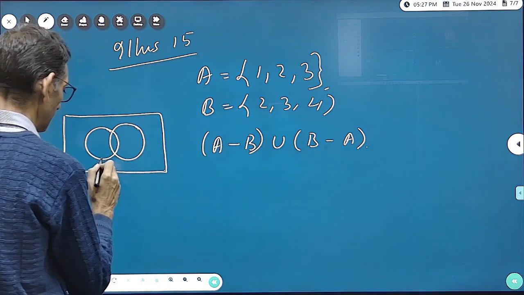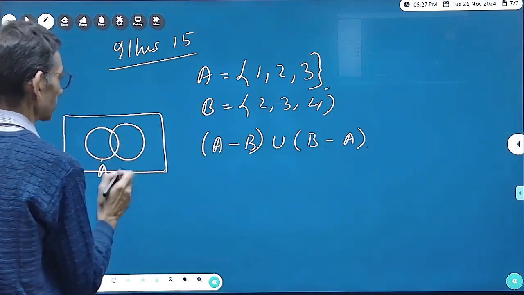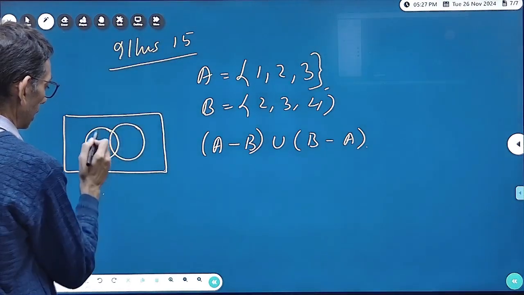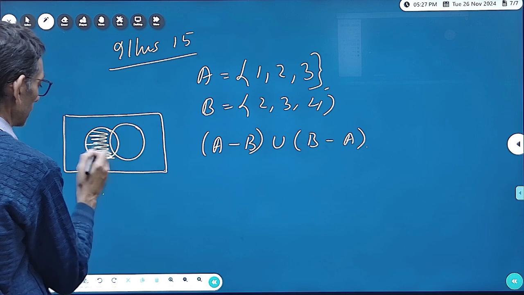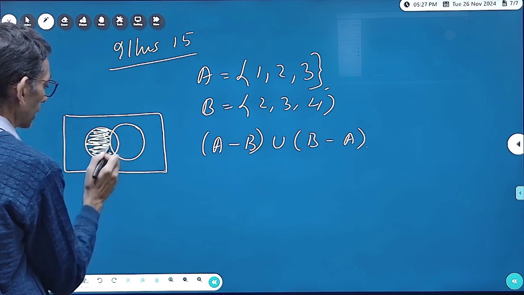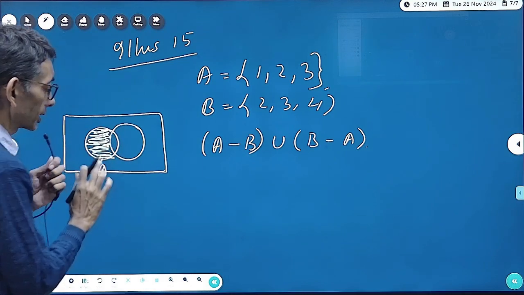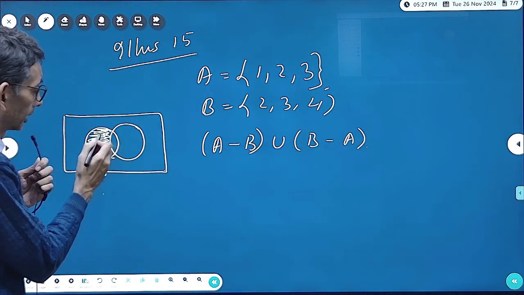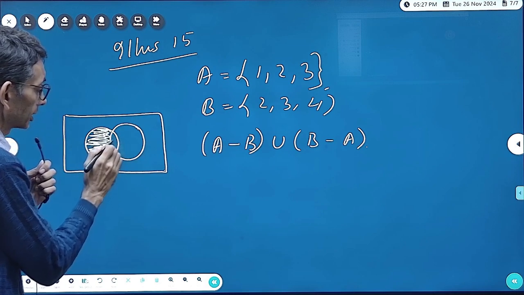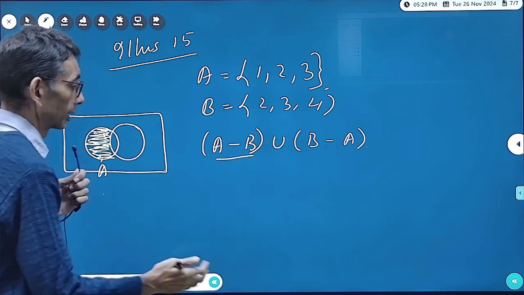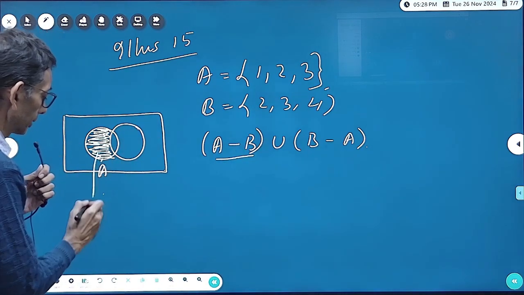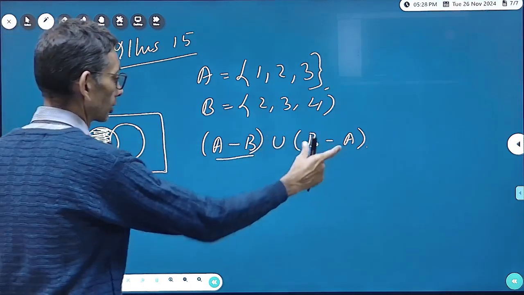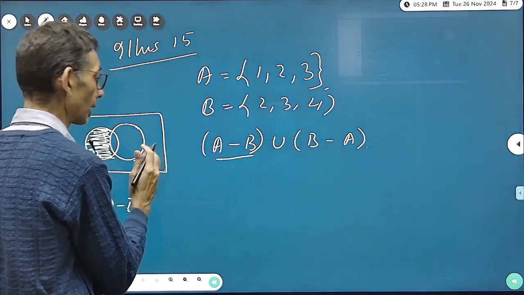This is A, this is B. A minus B: in A, the overlapping or common portion has to be subtracted, because it is there in B. So this part gives you A minus B. Then the second circle is B; B minus A, you just need to subtract.